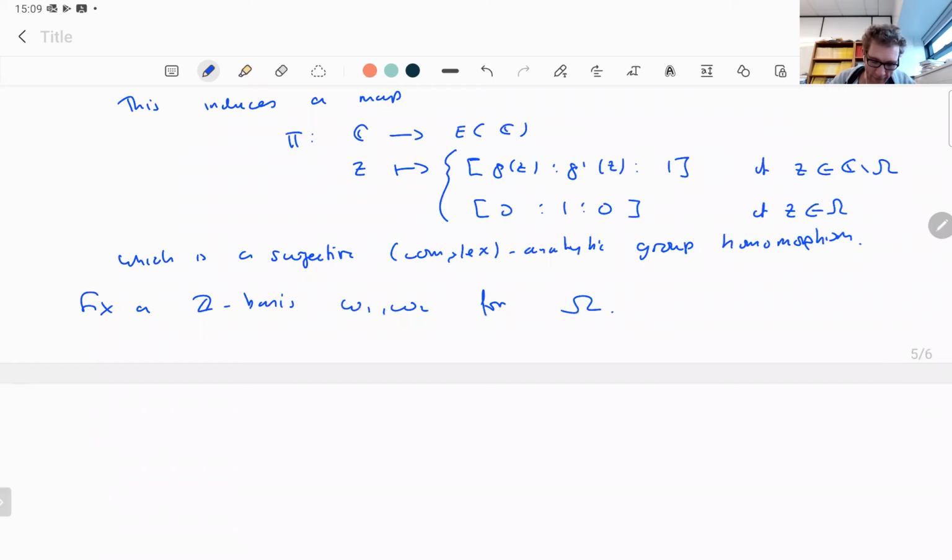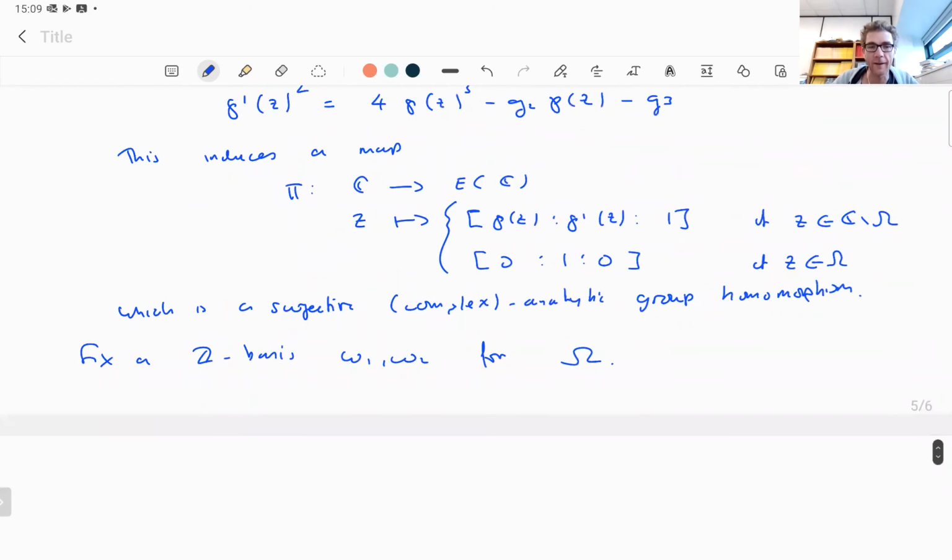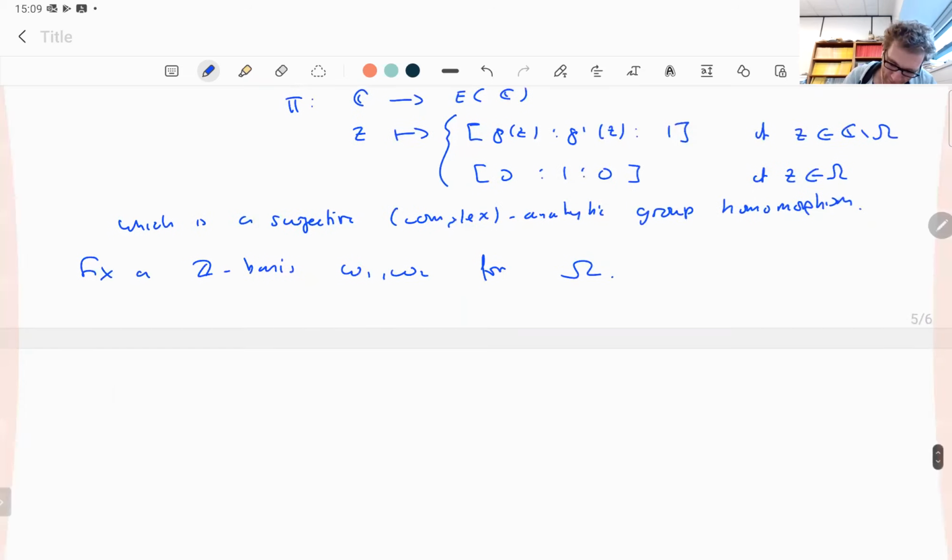Then I can put a different coordinate system on C, so I identify it with R squared using omega 1 and omega 2. So I get the following map.